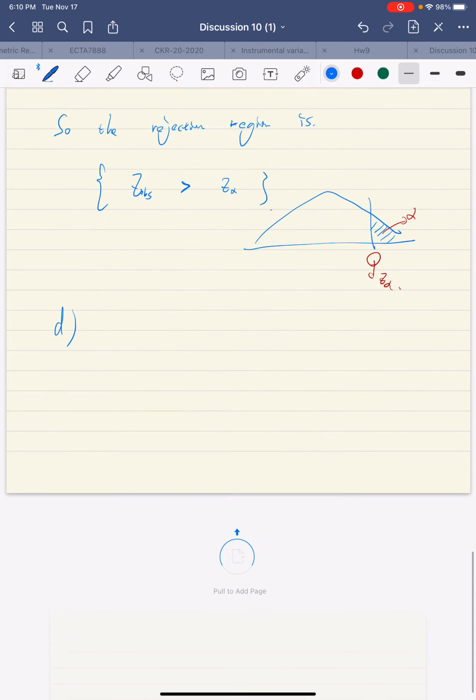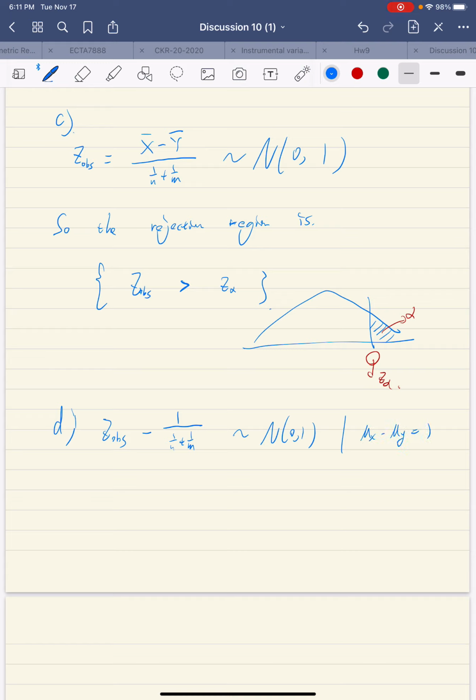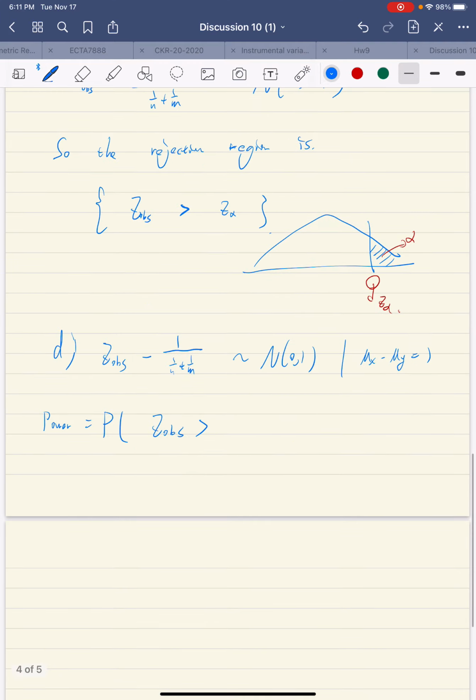In part D, we want to find the power. In this case we will have the observed value minus 1 divided by this, which follows the normal distribution under the alternative, so mu x minus mu y equals 1. The power is the probability that we reject, so the power is equal to the probability that the observed value is greater than z alpha, conditional on the alternative.